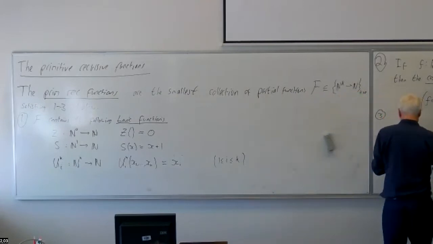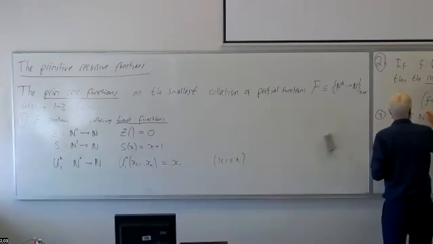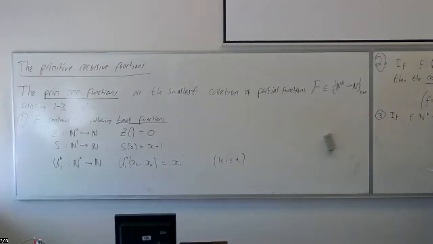And this is a slightly trickier one. In this case, if f is a k argument partial function that belongs to F, and g is a k plus 2 argument partial function, both belonging to F, then so is, meaning it also belongs to F, the partial function which I'm going to call curly R. Actually, let's be consistent with the notes.